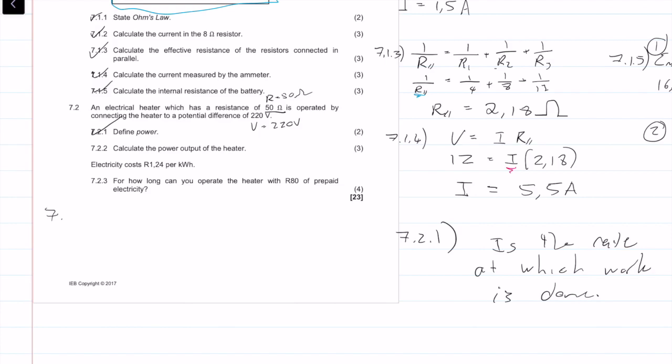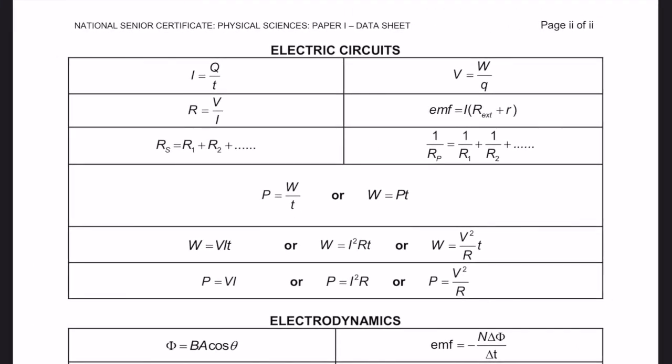Question 7.2.2, calculate the power output of the heater. Okay, cool stuff. So what have I got? I've got a voltage and a resistance. So let's look at the power line, which is the last row and the last equation.